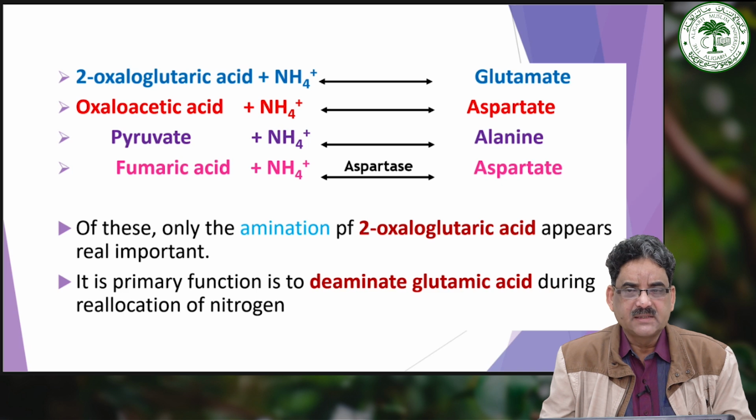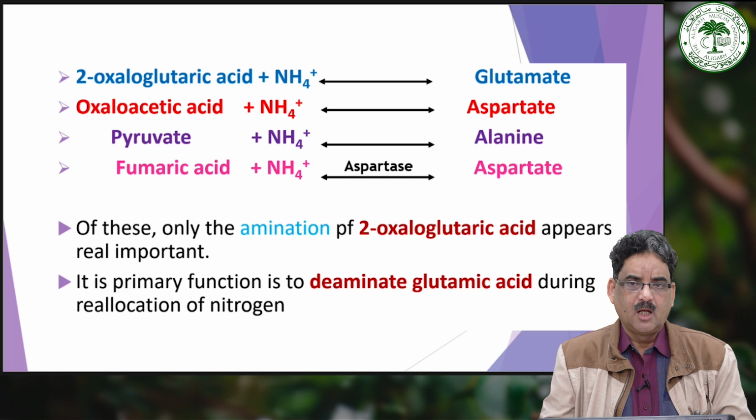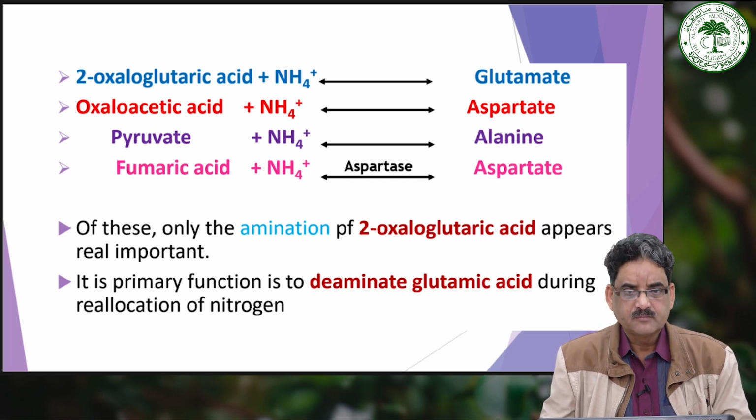Ammonium ion basically has the capability to enter organic compounds to form amino acids through several pathways. The reaction involves the conversion of 2-oxoglutaric acid and ammonium ion into glutamate, and the next is the glutamine synthetase glutamate synthase pathway.